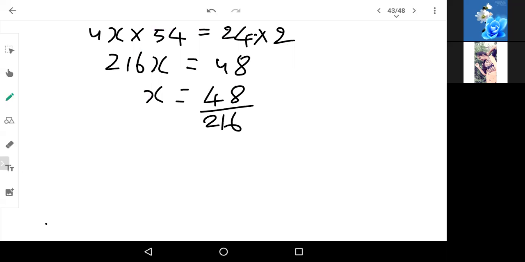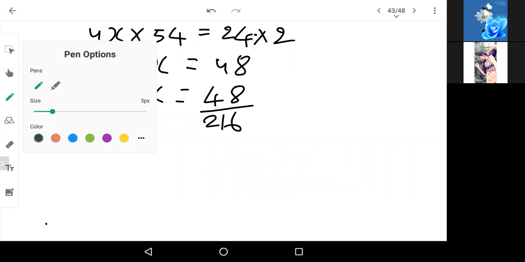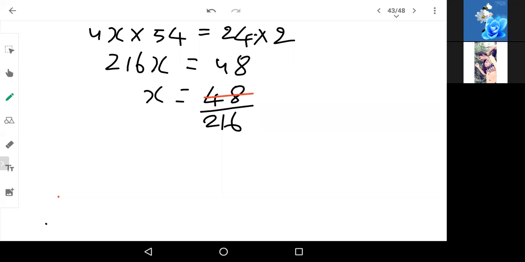Now do some division here. 2 2s are 4, 2 4s are 8, 2 10s are 20, 2 8s are 16, 2 1s are 2, 2 2s are 4, 2 5s are 10, 2 4s are 8, then 2 6s are 12, 2 2s are 4, 2 7s are 14.